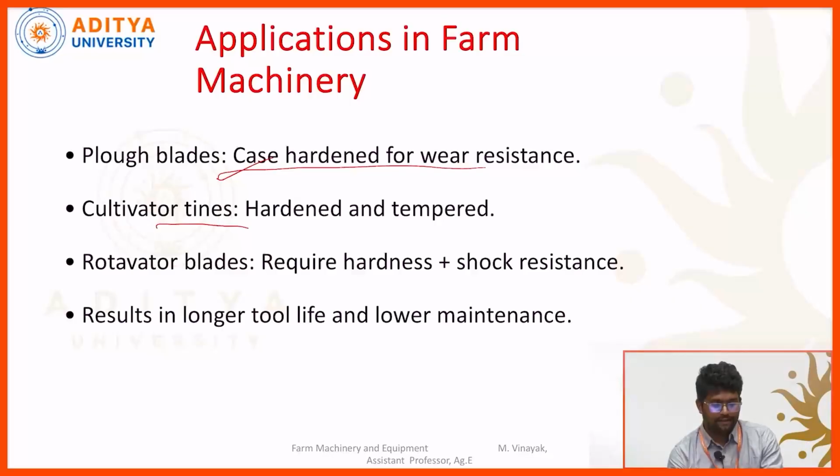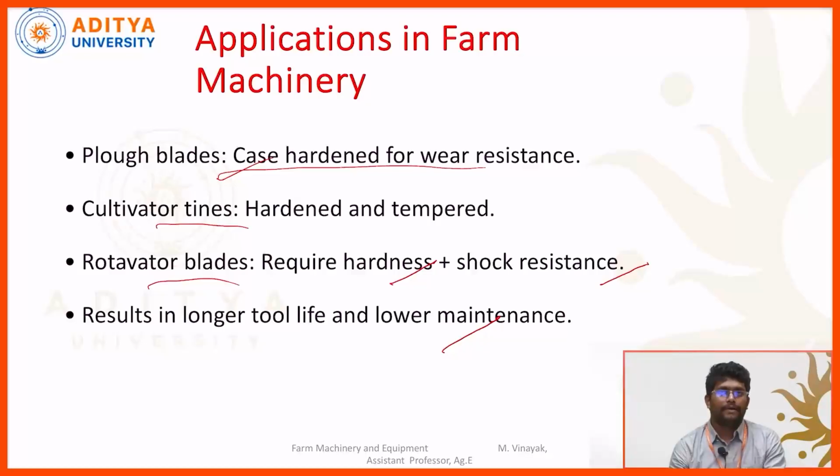Coming to the rotavator, this is both a primary and secondary tillage implement. This list of implements we can discuss in unit 2. They require hardness and sharpness of resistance. The result is longer tool life and low maintenance.